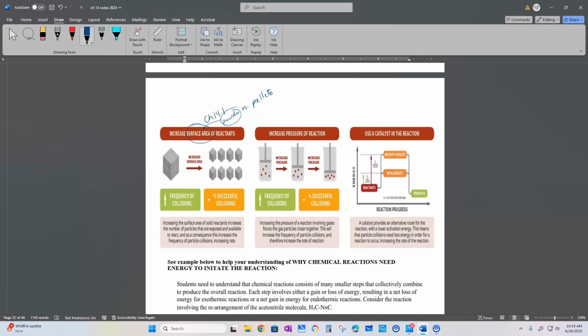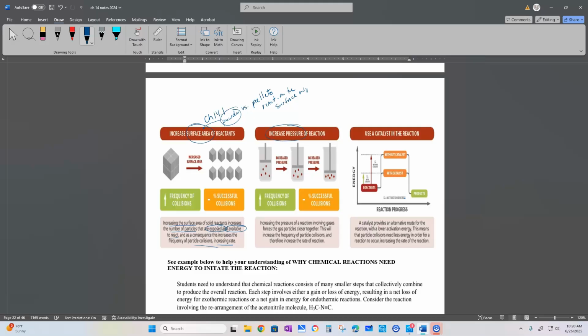With pellets, you're only able to react on the surface, so you limit your reactions. Increasing the surface area of solid reactants increases the number of particles exposed and available to react, and as a consequence, this increase in frequency of collisions makes the rate go faster.